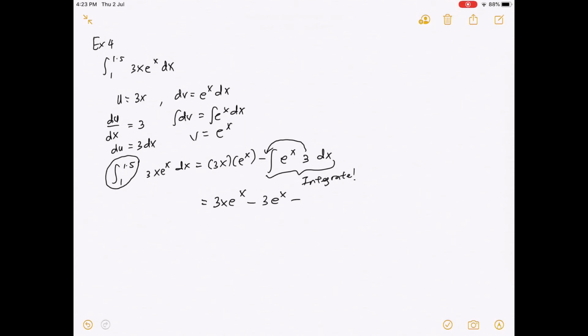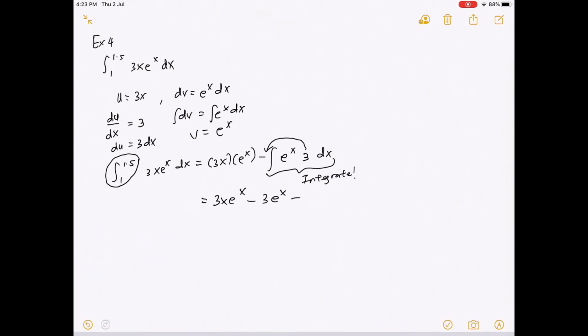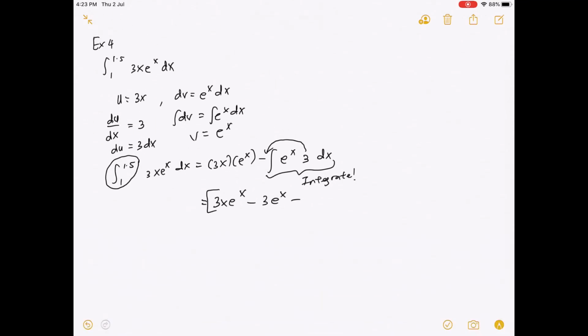You don't have to add c because you have a limit, from 1 to 1.5, that you have to substitute the value. So I will have 3 times 1.5 e^1.5 minus 3e^1.5, minus, then substitute the value 1.